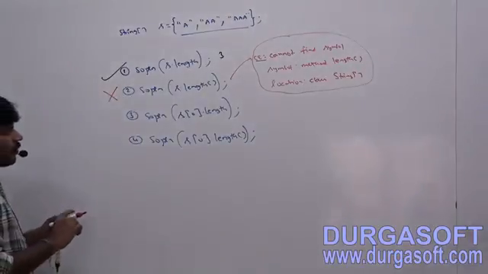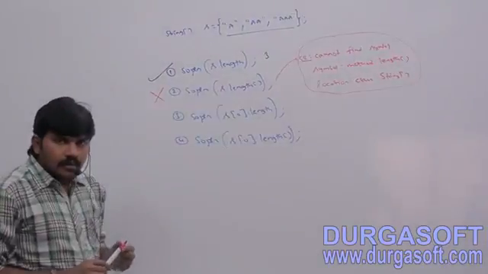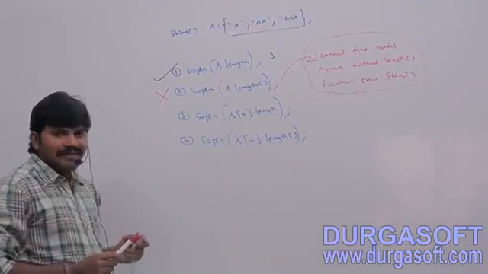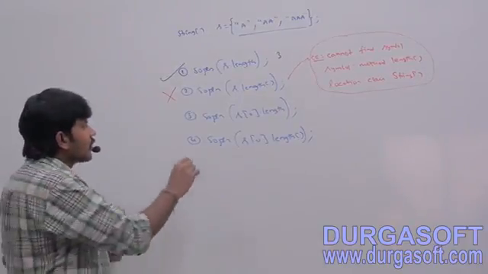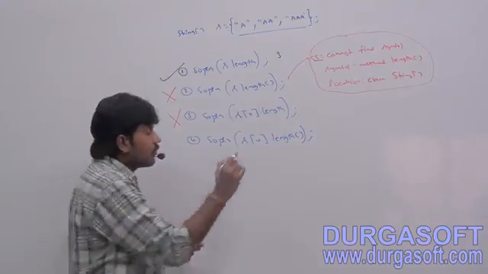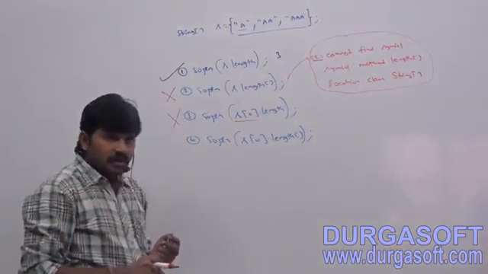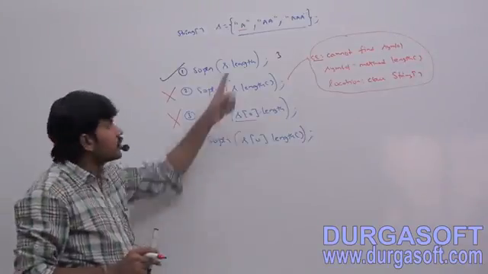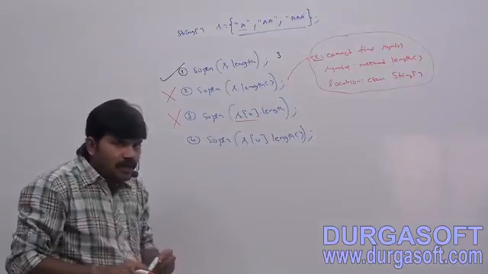Now, s[0] dot length, valid or not? Is it valid or invalid? Valid, right? No, compile time error we are going to get. s[0] is nothing but the first element in that string array, a string. For the string, is the length variable applicable?